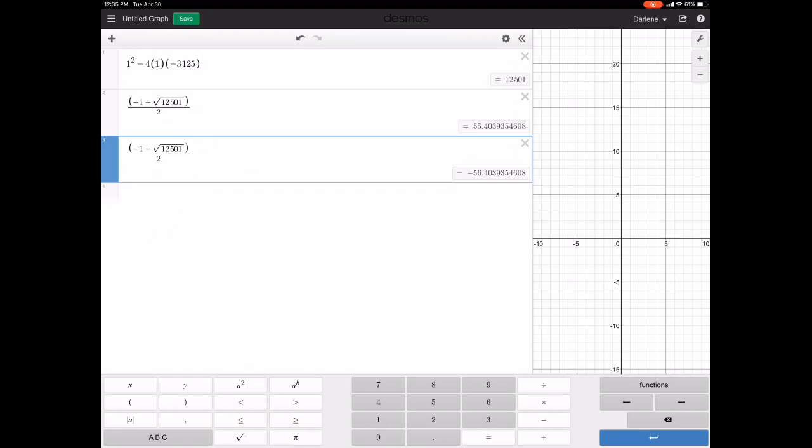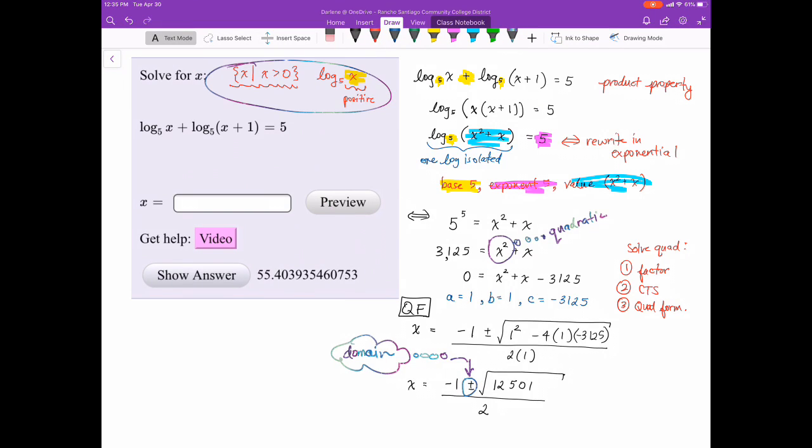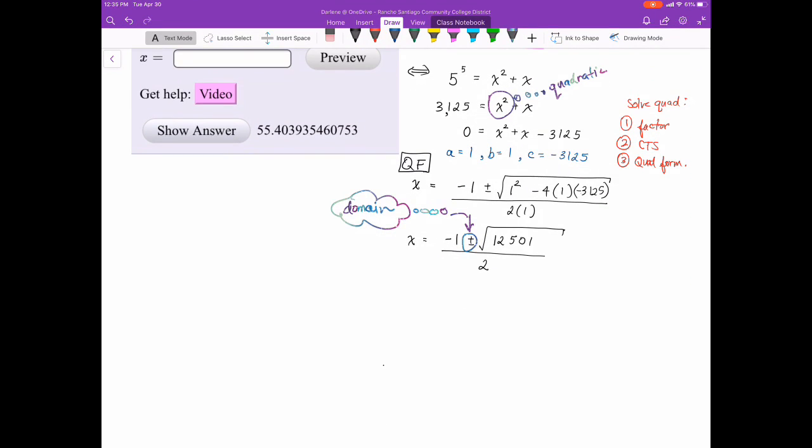We can see that when I put in the minus 1 of this solution, I get negative 56. So because of the domain of logs and my numbers always having to be positive, I'm going to omit this negative value from my solution set and only keep the positive one. So let me go back to the problem and say x on the negative is omitted.